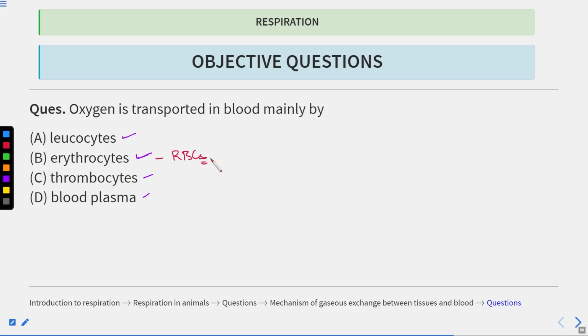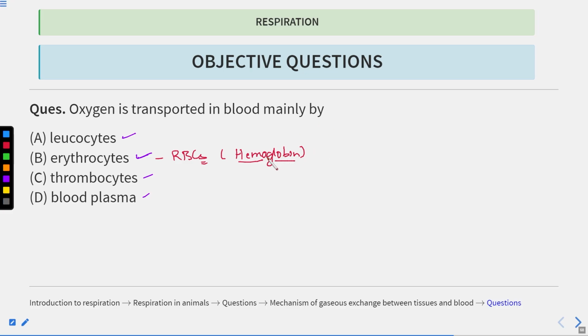RBCs at maturity lack the nucleus, but what they contain is a pigment known as hemoglobin. Hemoglobin is made up of two parts. The first is the heme and the second one is the globin.